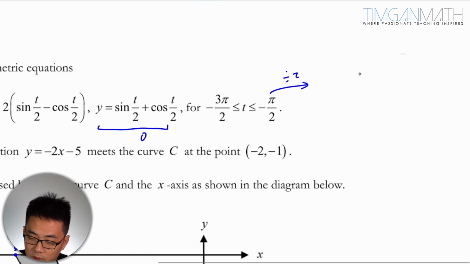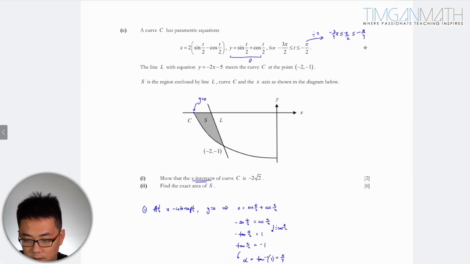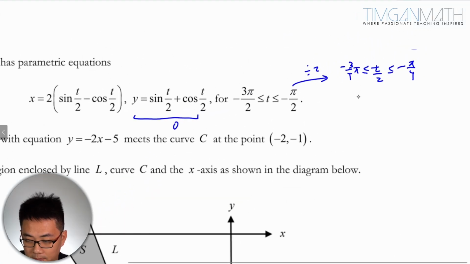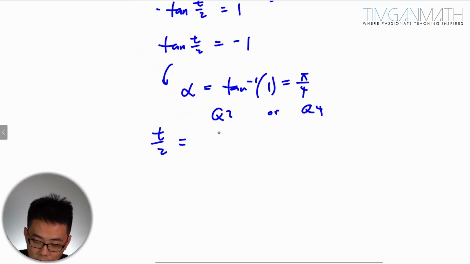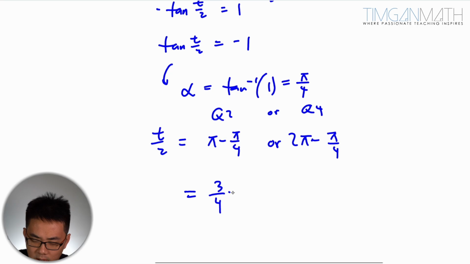So in quadrant 2 it would be pi minus pi over 4, which is 3 over 4 pi, or in quadrant 4 it would be 2 pi minus pi over 4.